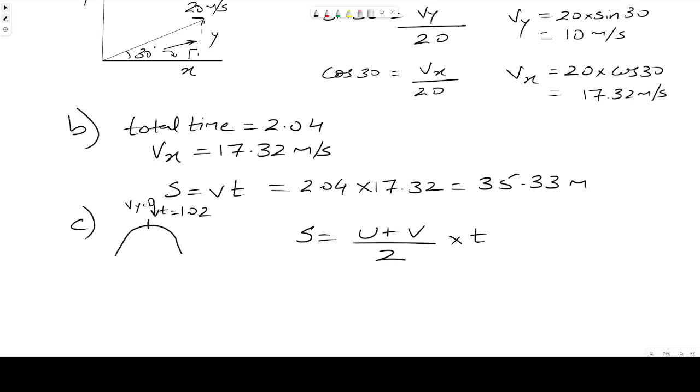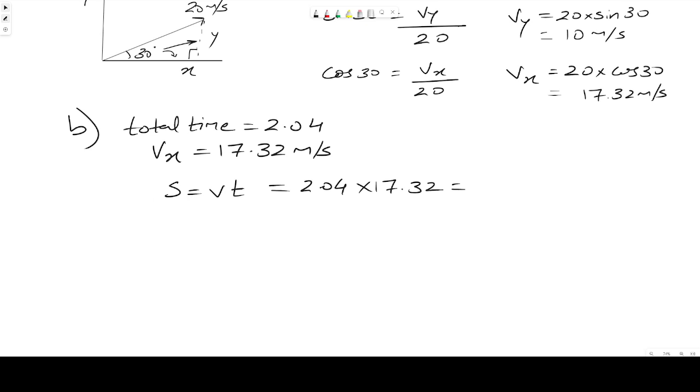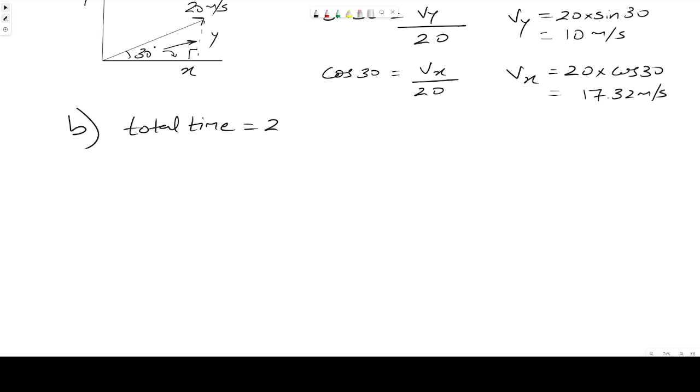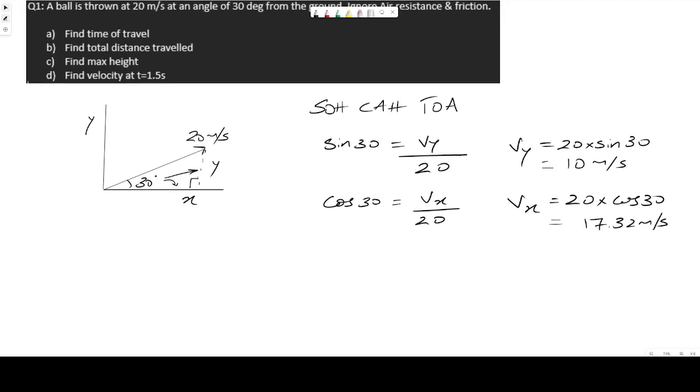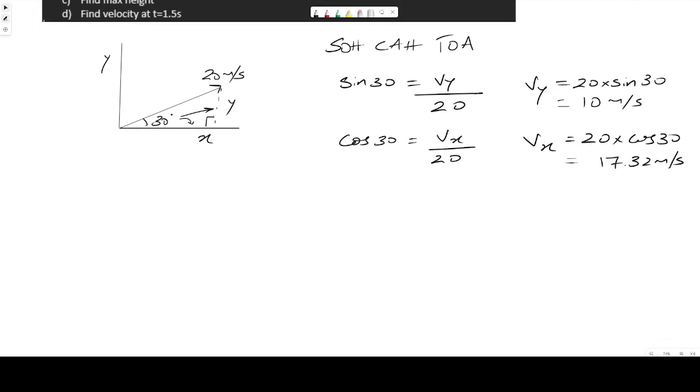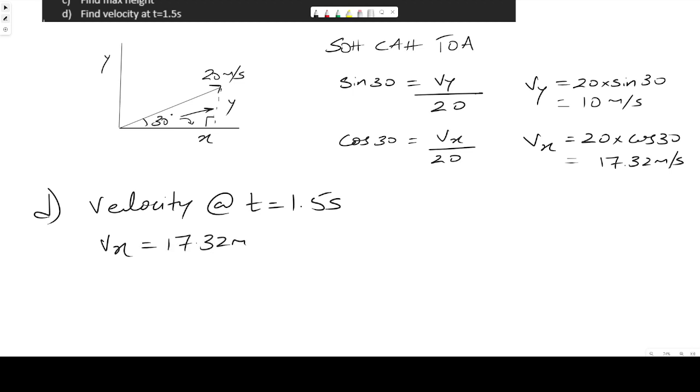Okay, perfect. Now, the last part, which some students do find tricky, is finding the velocity at a specific moment in time. So we want to find velocity at t is equal to 1.5 seconds. Once again, we're going to apply the same principles. Vx is going to be the same, 17.32 meters per second.